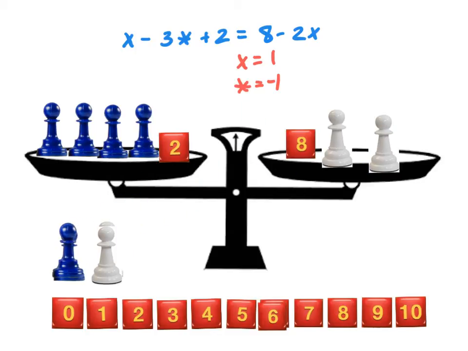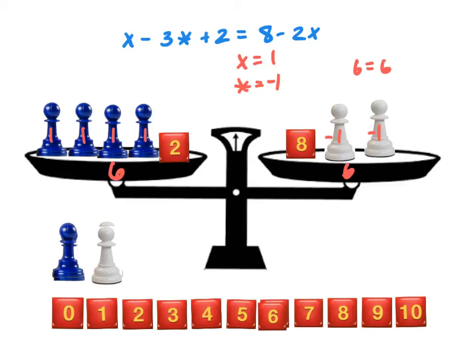So this was my original setup. Now I can substitute for x and for star. On the left-hand side, we have 4 plus 2, which is 6. On the right-hand side, we have 8 minus 1, which is 7, and then minus another 1, which is 6. So this equation is true for x equals 1 and star equals -1.